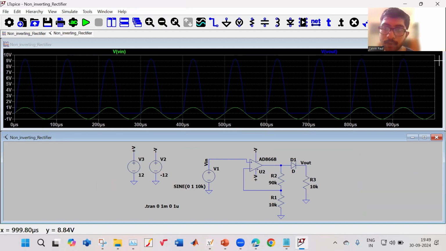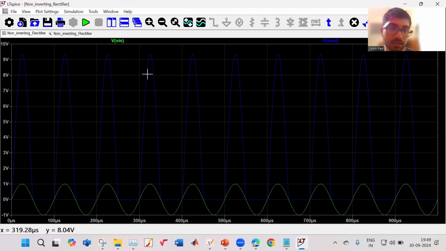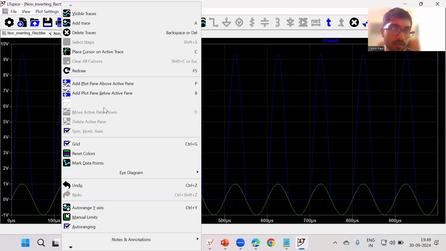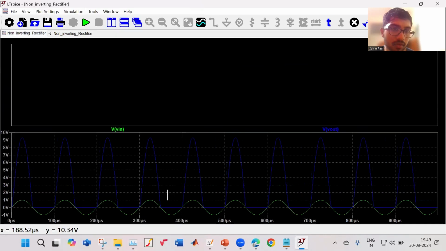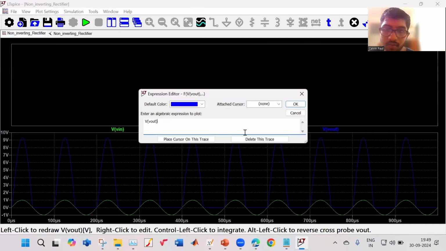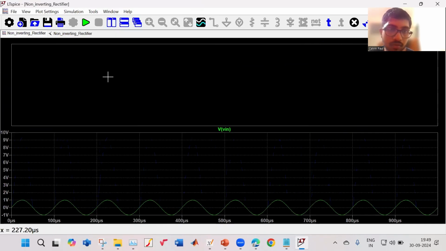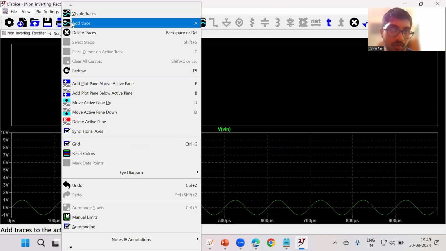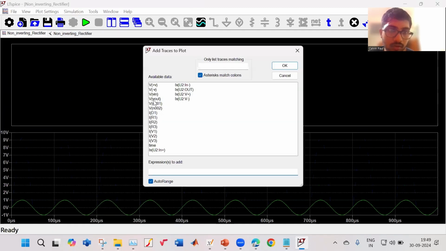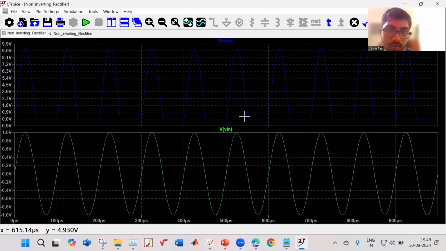So you see this. Now both can be seen side by side.